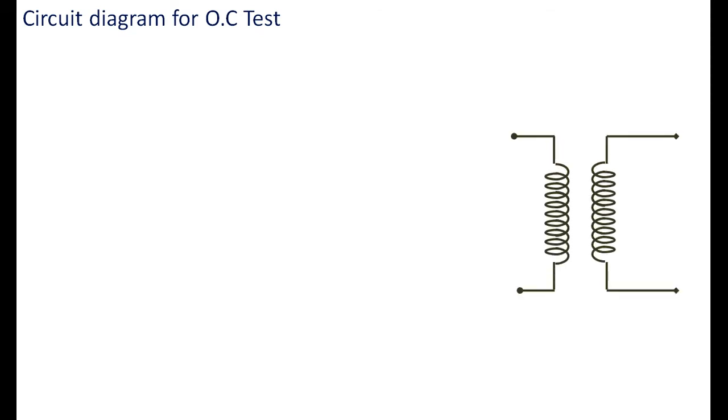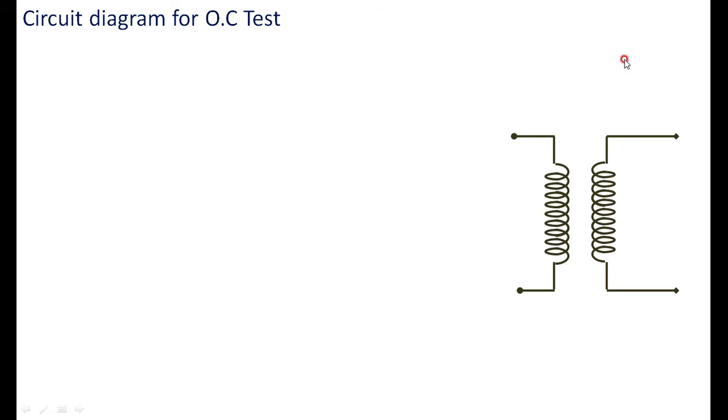Then how do we conduct the short circuit test? What we need here is the transformer, the thermostat, and the meters such as the voltmeter, ammeter and wattmeter. Then you have to take the transformer having two windings, one called the LV winding and the other the HV winding.